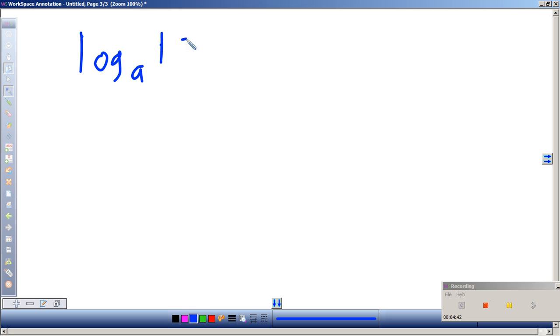The question is, a raised to what power is 1? 5 raised to what power is 1? 15 raised to what power is 1? Pi raised to what power is 1? 0. Okay, so one of our rules is if we have log base a of 1, we get 0.